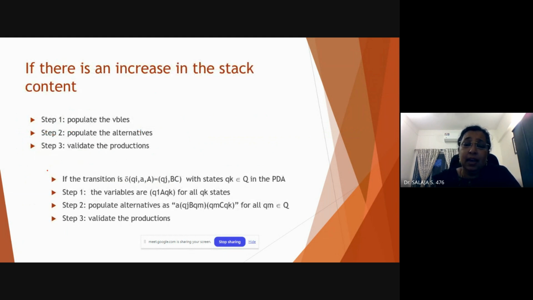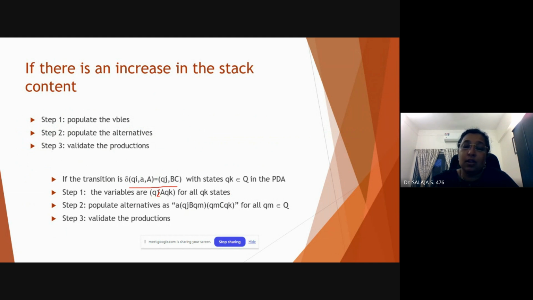But then if you have multiple symbols which have to be pushed onto the stack, then you have to populate the variable, populate the alternatives, and then validate. So in case I have a production QI A, the output is QJ, and you have QK states in the PDA, we'll populate it in such a way that it is QI A QK.